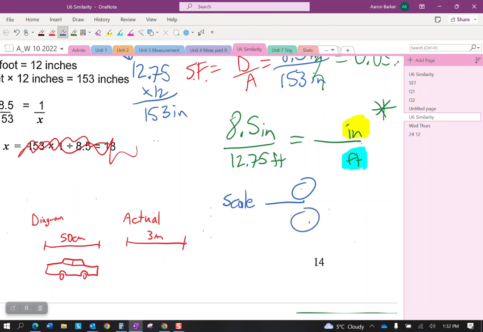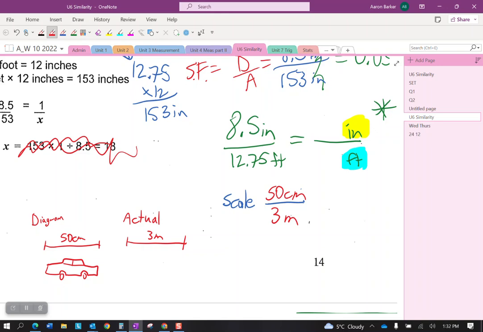The diagram of the car is 50 centimeters. The actual measurement is 3 meters. What would be your scale? What's the fraction? Well, it would be 50 centimeters over 3 meters, and you could do all your work with that.